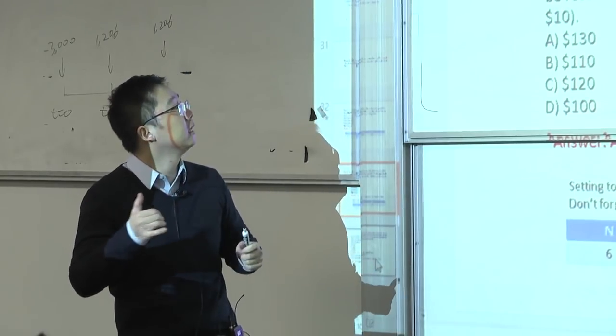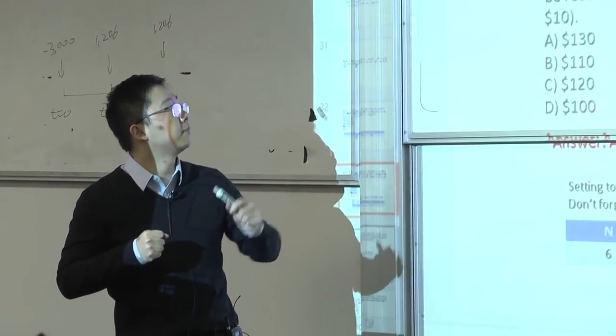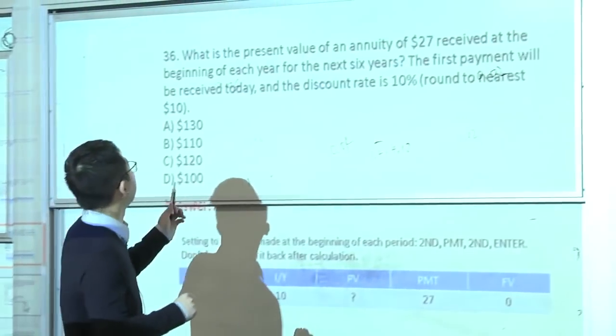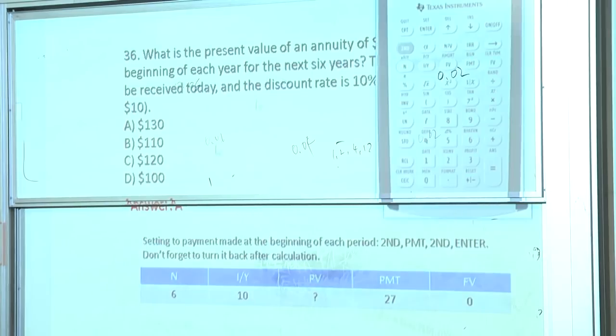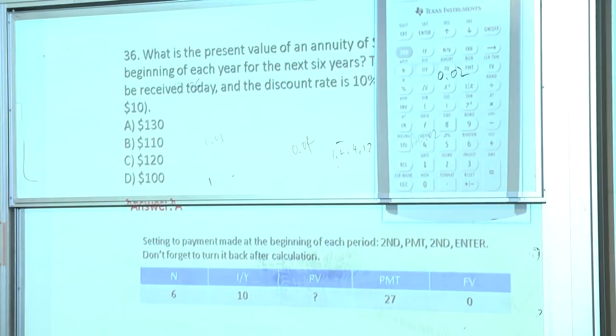Question. $27, 6 years, received at the beginning of each year, and the discount rate is 10%. There are many ways to do this, and I believe your professor gave you various approaches. Let's try one. If you have other methods, raise your hand and we will discuss. So, setting the payment to beginning of the period.